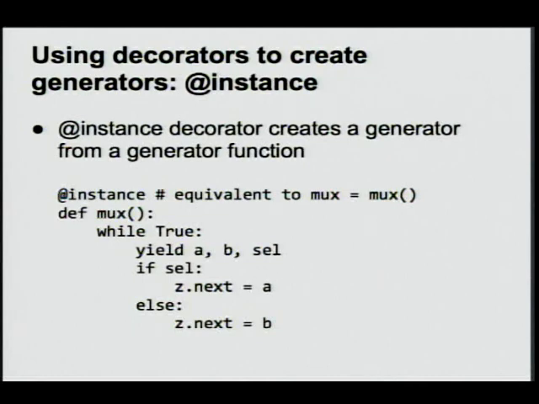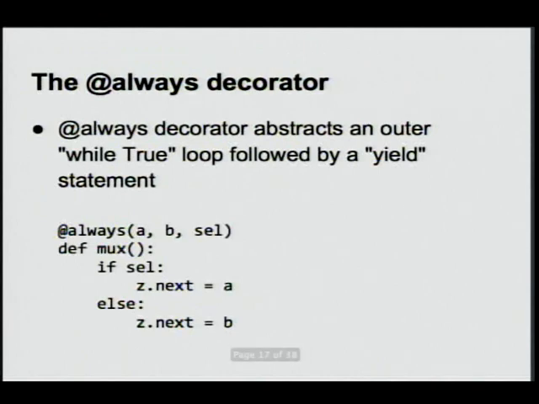Now, what we have in MyHDL is that we go steps further to make it easier for hardware designers to model things that they are interested in. For example, this while true loop, you have that all the time. So that seems like overhead. This pattern of while true and waiting on a number of signals is so common that we defined a special decorator for that purpose, and that is called the always decorator.